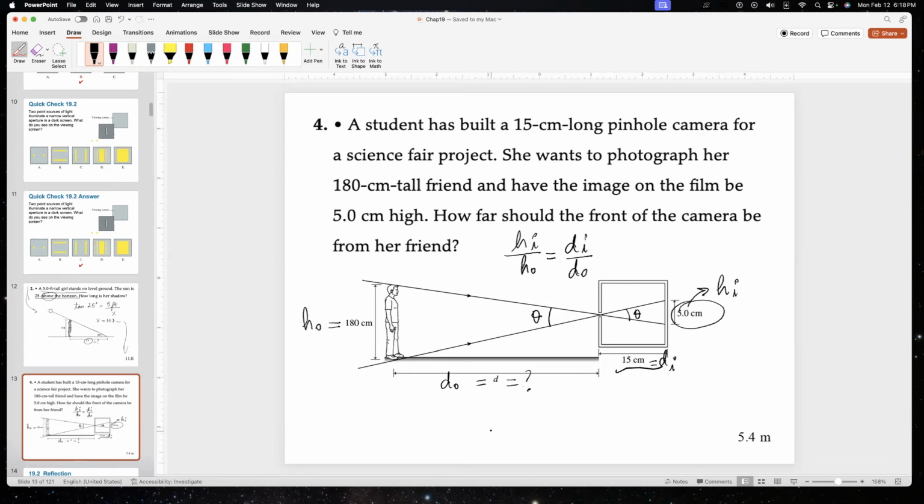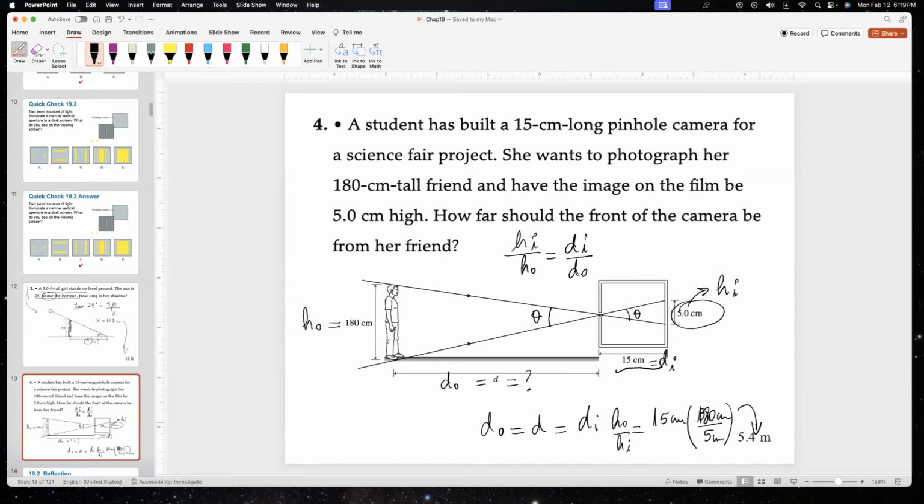So I invite you to then get that D_O, which is the D there, is then just going to be D_I times H_O over H_I. So it is the 15 centimeters, times 180 centimeters divided by 5 centimeters, okay?